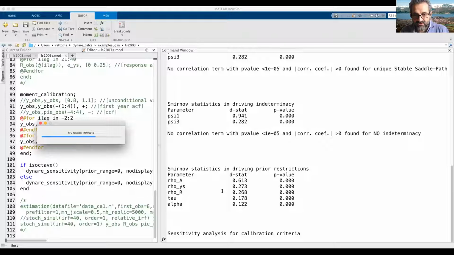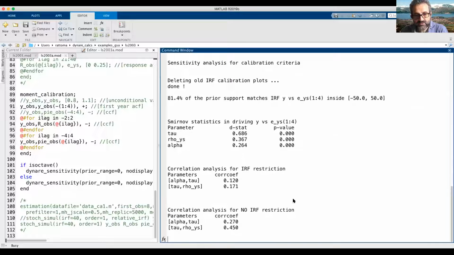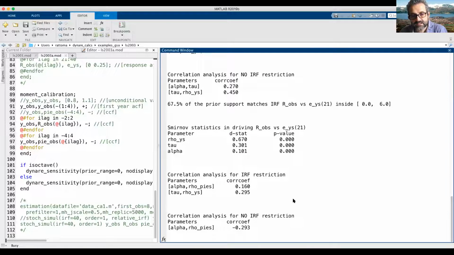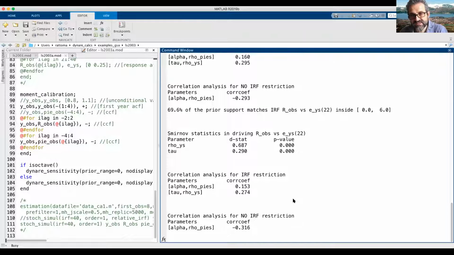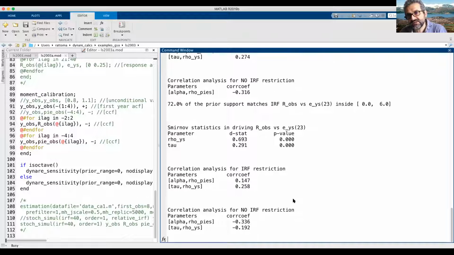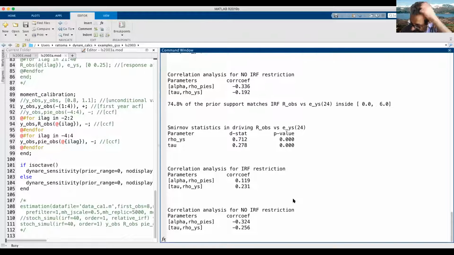The first thing it does is the prior restrictions altogether, so all the IRFs and all the moments. And then it computes all the things individually, prints the results on the screen, makes the plots in the subdirectory, and that's it.